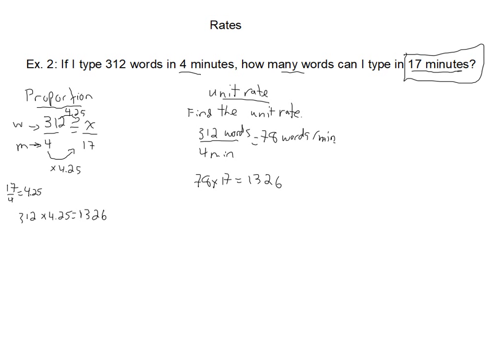So therefore, I can type 1,326 words. So that's a quick review of how to use rates, ratios, and proportions to solve problems.